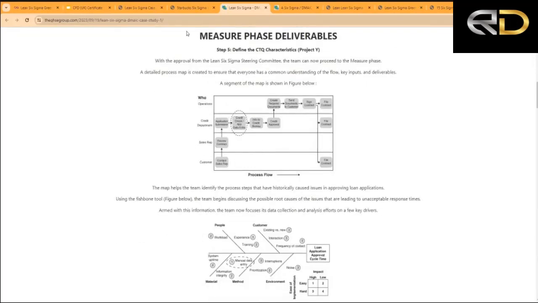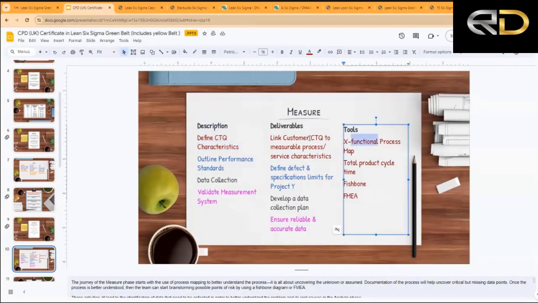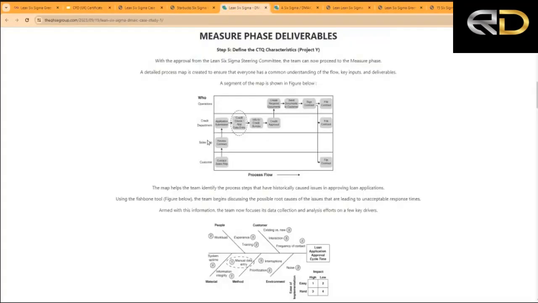This map is an example of the cross-functional process map. At this point, we want to link the customer critical to quality to a service. So what is happening here? This is the total flow within the process that is in need of improvement. It starts off with a customer. The customer contacts the sales representative from the bank. The sales rep reviews the application form and then submits it to the credit department.